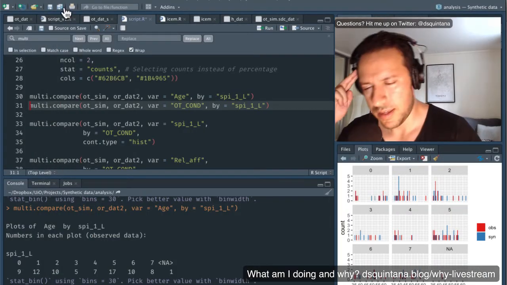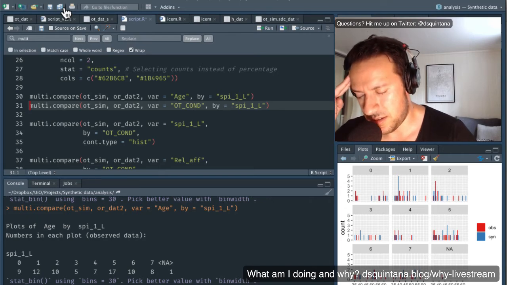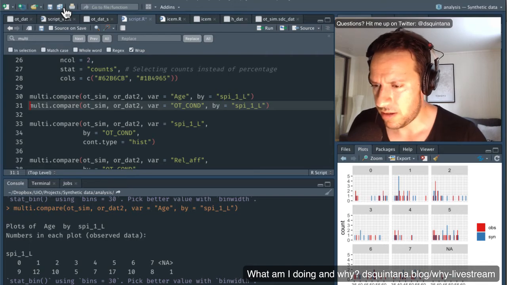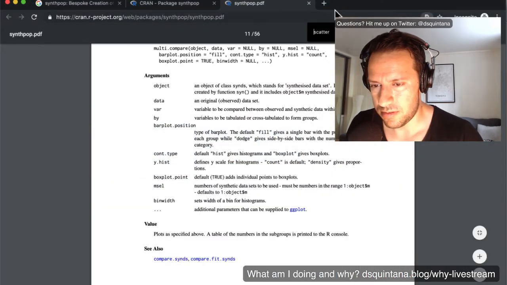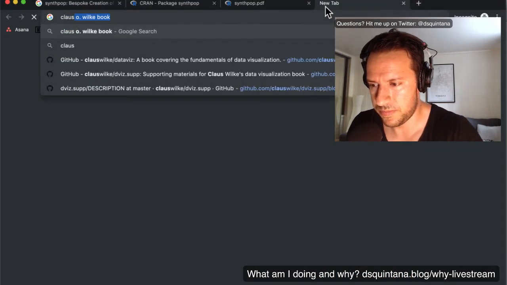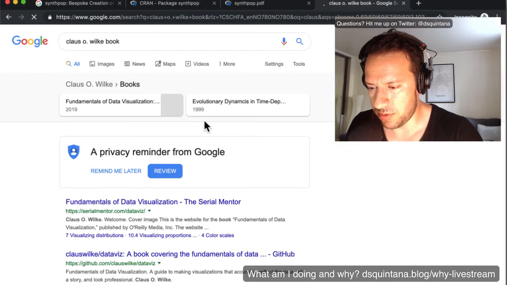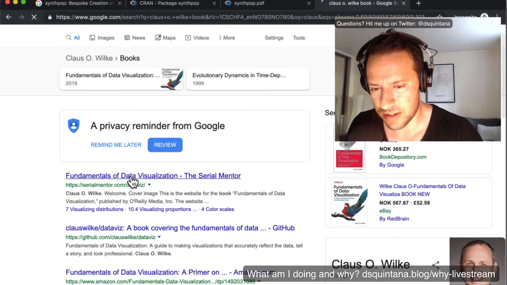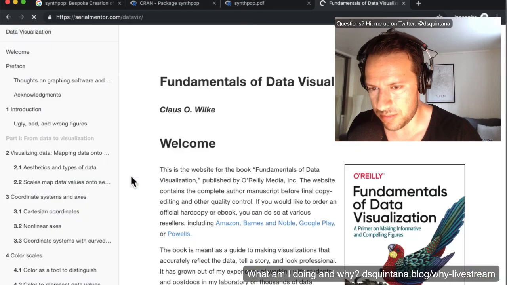This will be cool. So then we can look at some sort of... Let's go to this. This book is so good. You need to check it out. It's free online, or you can buy the print book.